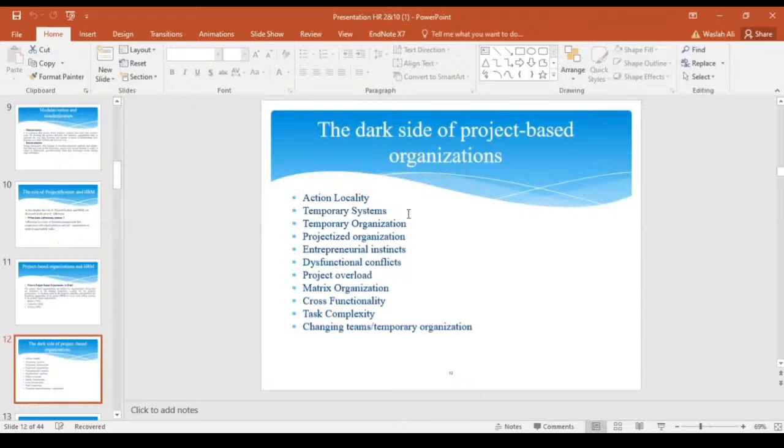Now we are going to discuss what a temporary system is. Publications from Lundin and Söderholm, and Goodman and Goodman, 1976, and others.